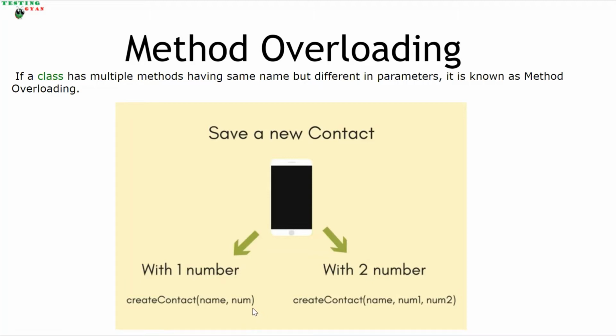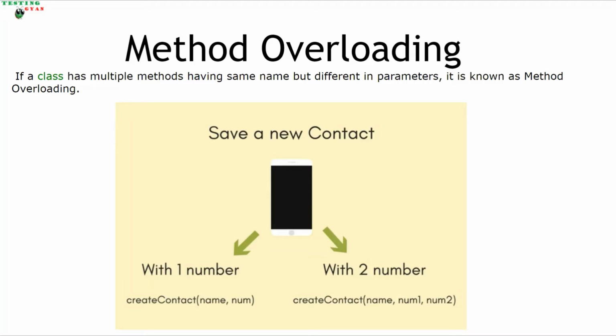It's not only based on the number of parameters. Even if the data type is different and the number of parameters is the same, it is still called method overloading. Let's say I have a function which accepts an integer number, whereas the same function name accepts a floating number. In that case also it is known as method overloading.